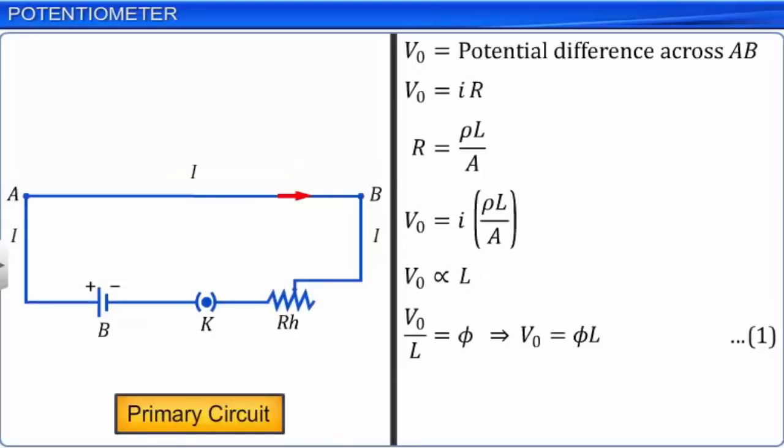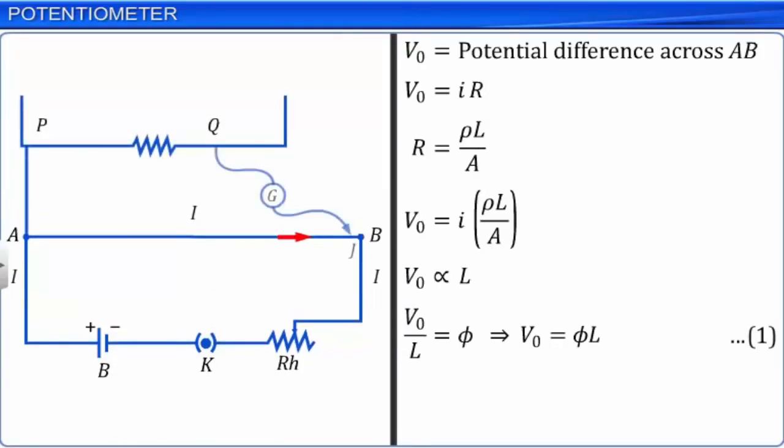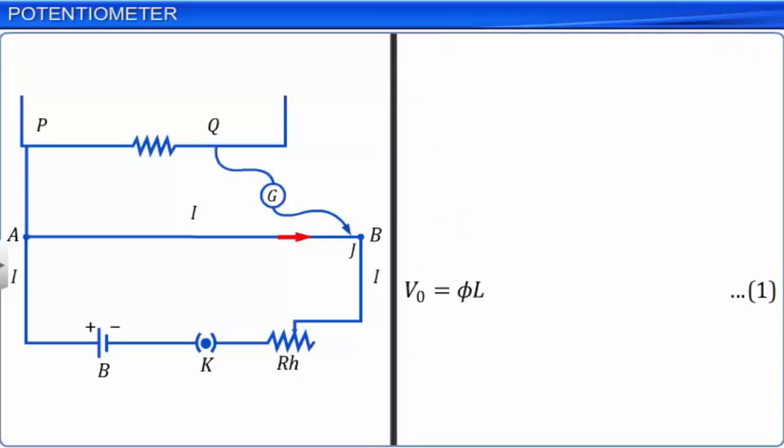If we need to measure the potential difference across a resistance in a circuit, we connect endpoints P and Q of the resistance to the primary circuit. Point P of the resistor is connected to point A of the primary circuit.